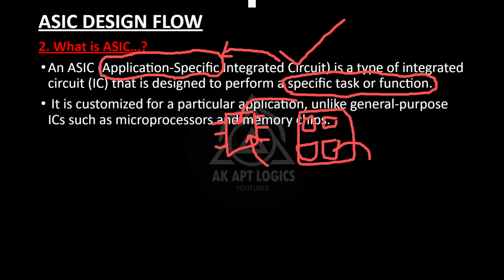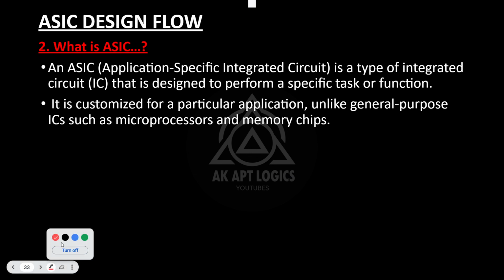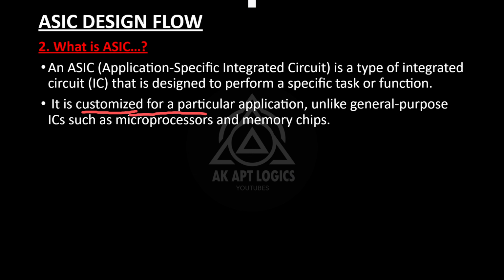It is customized for applications, unlike general purpose ICs such as microprocessors and memory chips. It is customizable in the sense that we can use an FPGA to test whether the processor is working and whether my memory is working perfectly.